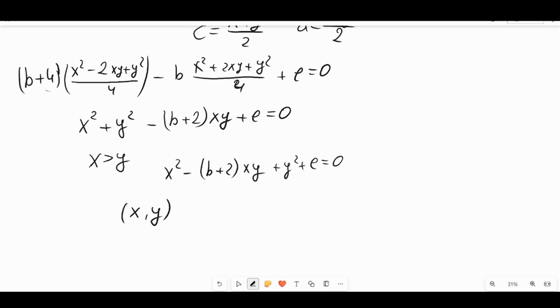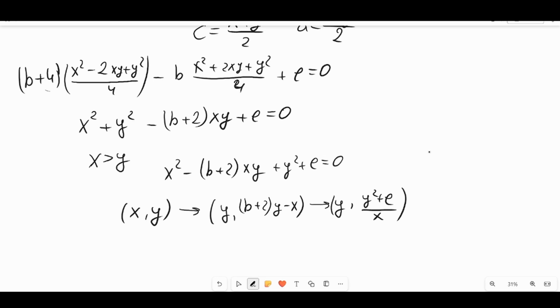If we discuss this equation in terms of x, the second solution must be (b plus 2) times y minus x, or another way, it is (y squared plus e) over x, because this is the product of the roots, y squared plus e.